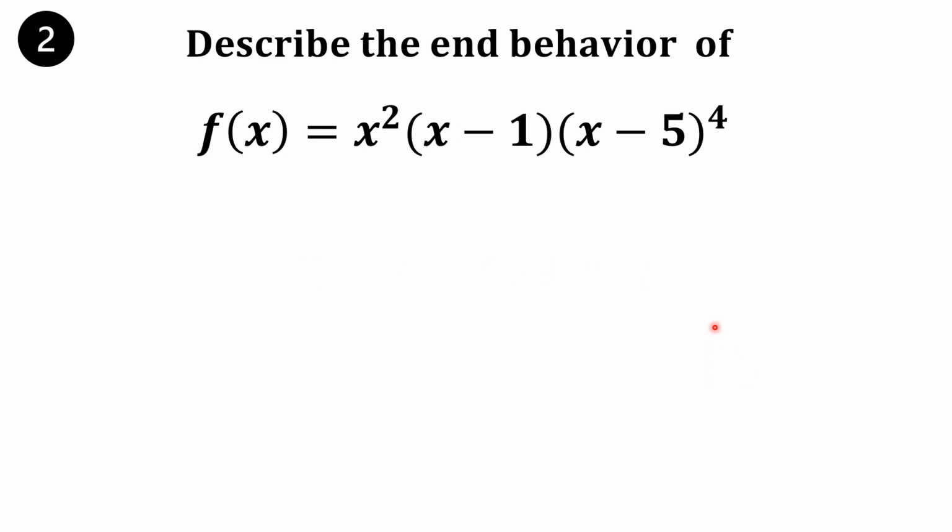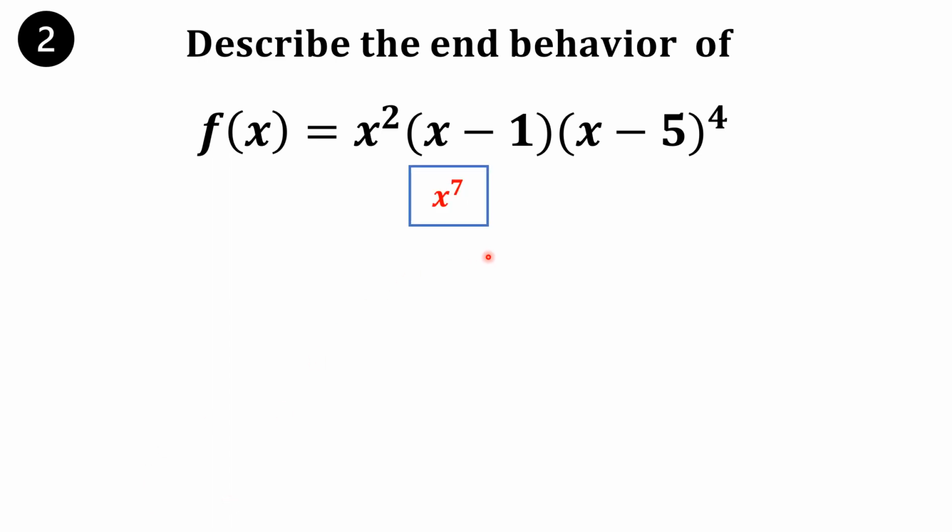Next example, describe the end behavior of f of x equals x squared times quantity x minus 1 times quantity x minus 5 raised to 4. In this example, the function is in factored form, so we need to simplify by just getting the leading term.